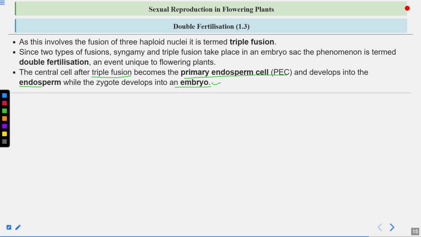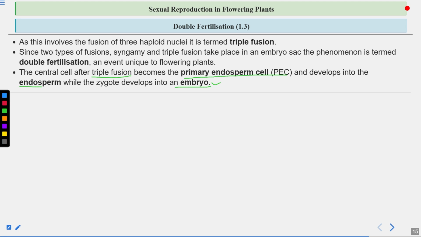Now, which will form earlier, embryo or endosperm? Which will form early? First embryo or endosperm? Okay, I got two answers, endosperm and embryo.